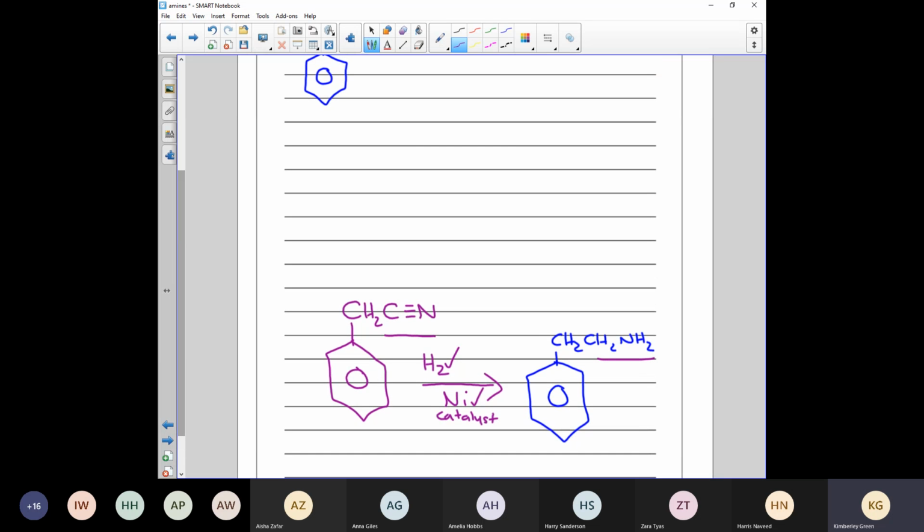Right, so that will be my final step. And I knew that because I realised that my carbon chain is extended by 1 and it's got an amine group on. And I know from trying out lots of different versions of this question that a nitrile group will be able to do that.